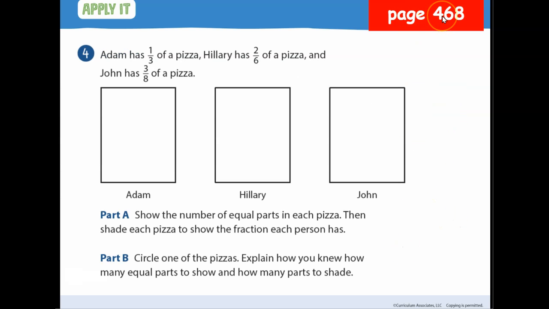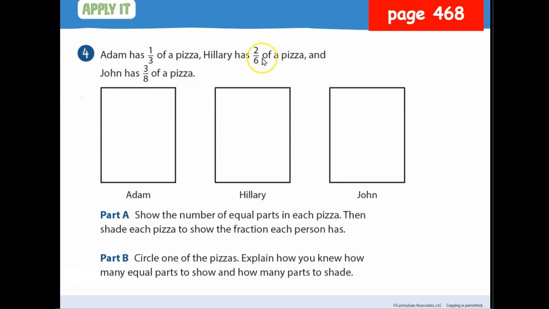Look at page 468. It says Adam has 1/3 of a pizza. Hillary has 2/6 of a pizza. And John has 3/8 of a pizza. Show the number of equal parts in each pizza, then shade each pizza to show the fraction each person has. So Adam has 1/3, right? How many sections of pizza does he have? Three.